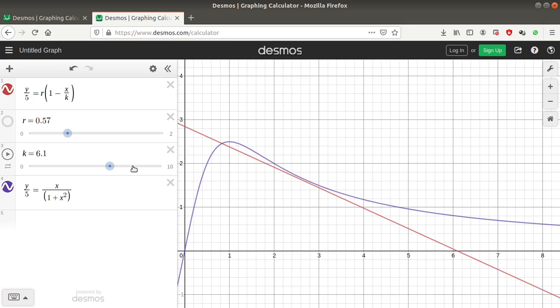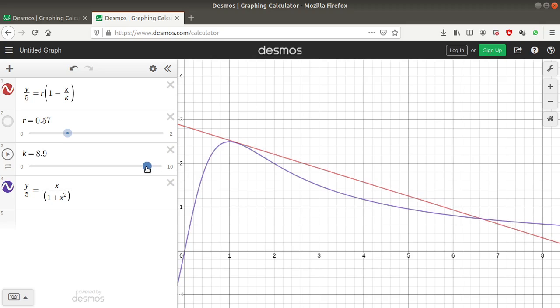Also, we can observe hysteresis behavior, because now this is the fixed point, and suddenly after this point, for this value of k, I am having this as the equilibrium point.